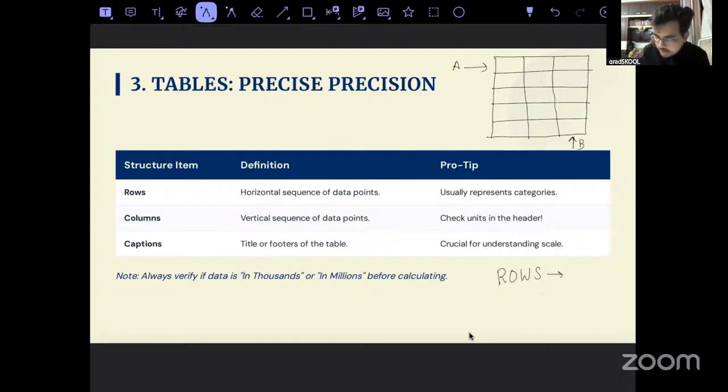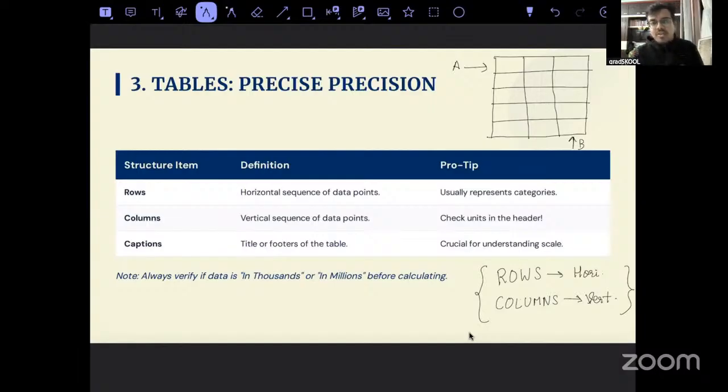So rows are horizontal lines. Okay, I'll not write everything. What are columns? These are vertical lines. If you are clear with these two terms, you can understand tables very easily. You can interpret data from the tables very easily.